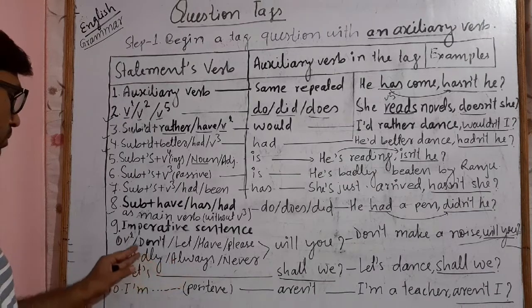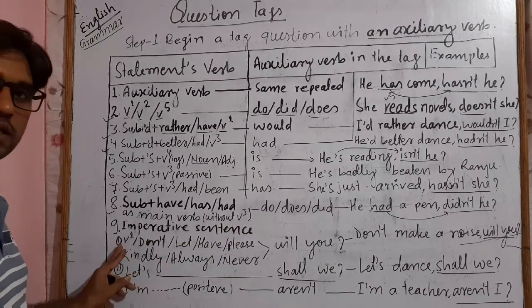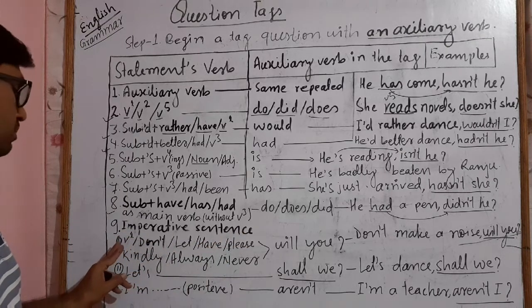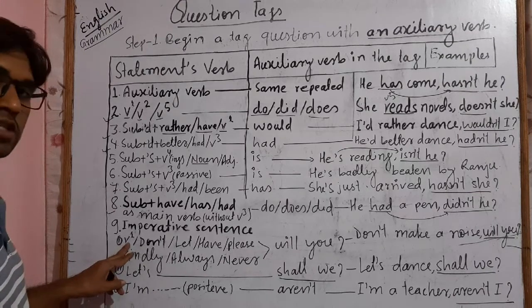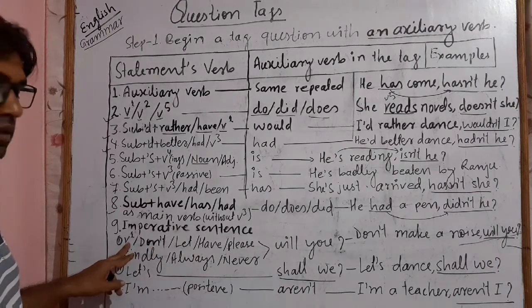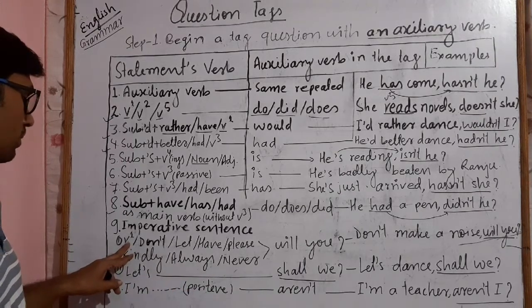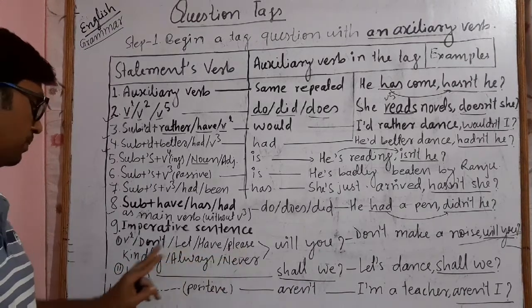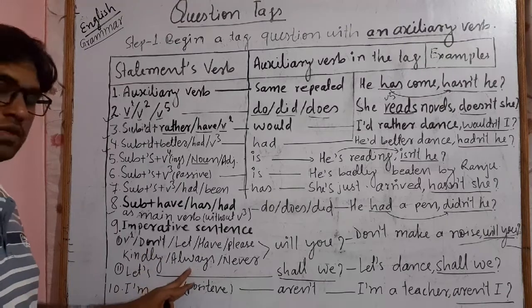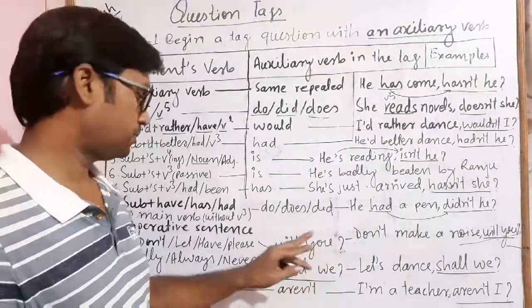Likewise, if you talk about the imperative sentence, it has three question tag types. When the imperative sentence begins with the main verb, and it has an order or is polite, when the sentence begins with verb 1, don't, late, have, please, kindly, always, never, you have to use will you as the question tag.